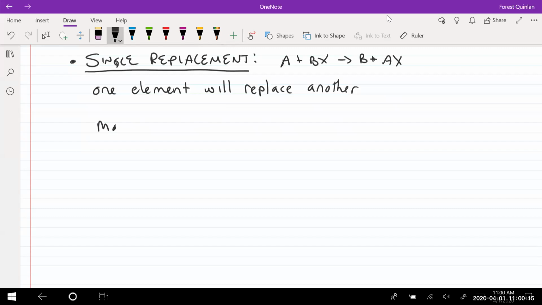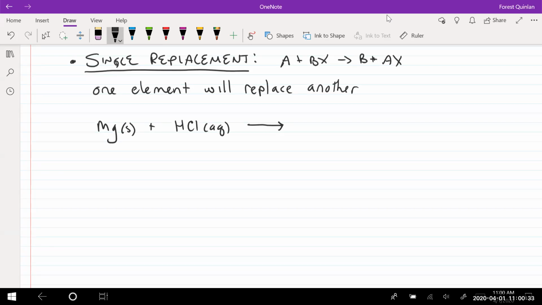So this will be magnesium solid plus some HCl aqueous. Now in this case, it's always going to be the metals doing the switcheroo. It's always going to be the metals trying to replace one another.